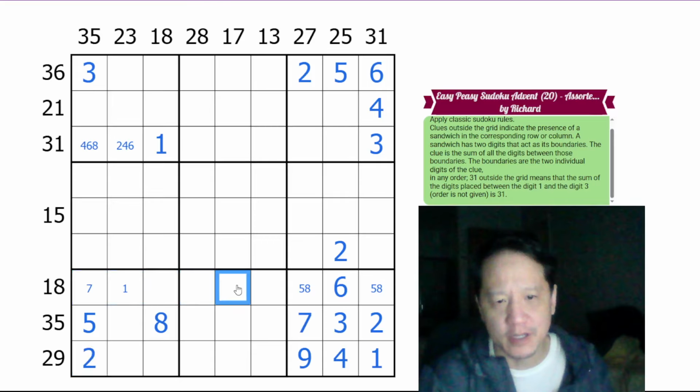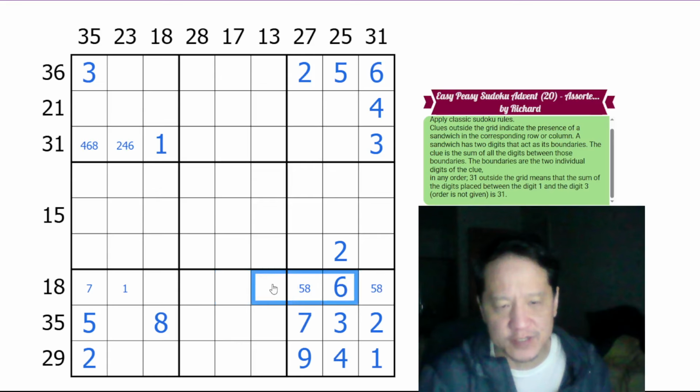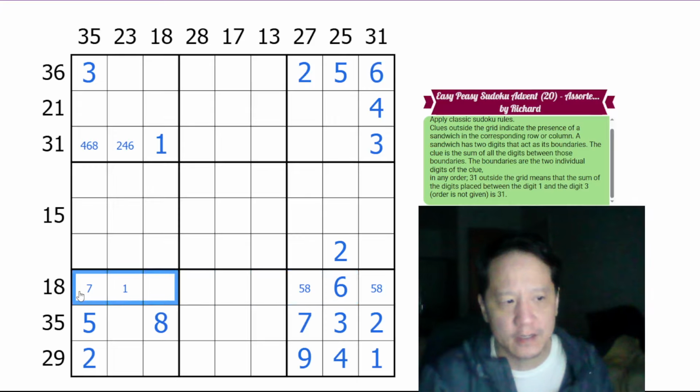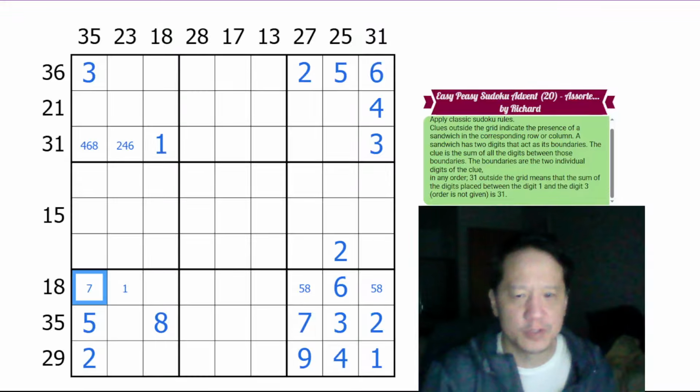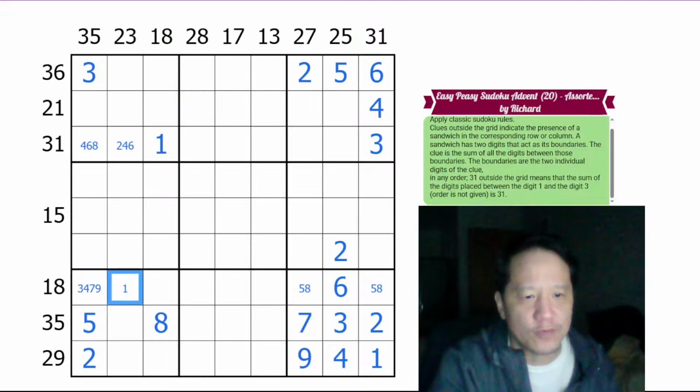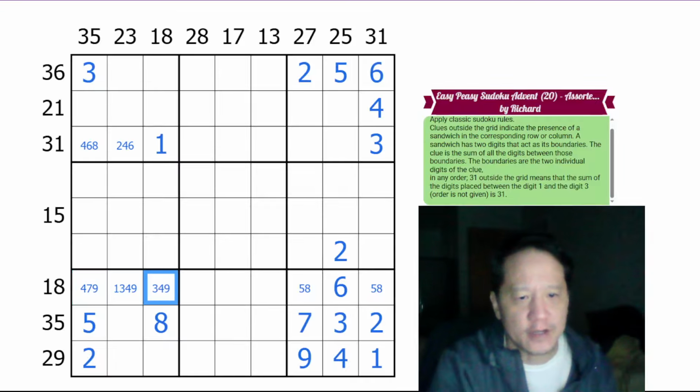What about 1 here? 1 here could work. If this is 8, you'd have 6, 5, 7 here. This would be 2, 3, 4, 9. So this could be 9, 4, 3. Okay, no 3 there. 3, 4, 9.